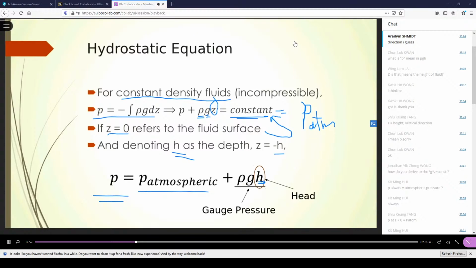So if you are diving into water, and you dive to a depth of h, then the pressure acting on you will be P equal to the atmospheric pressure plus the extra pressure due to the water.